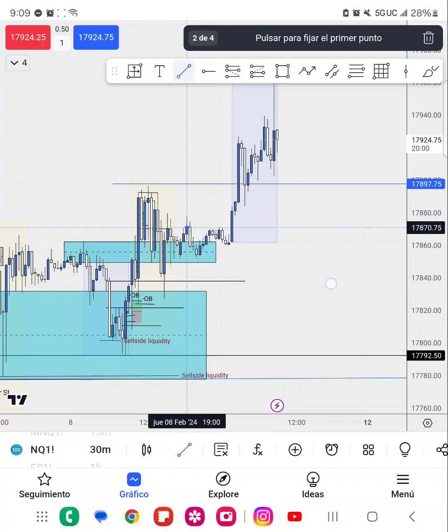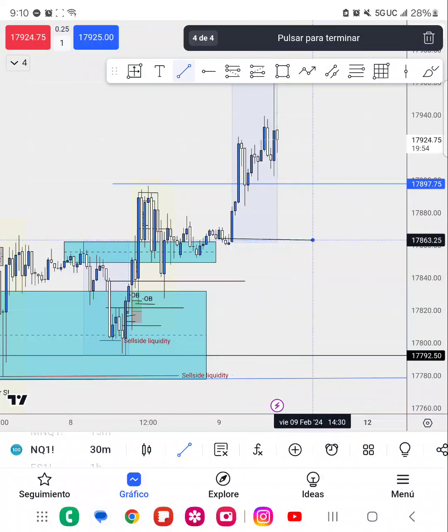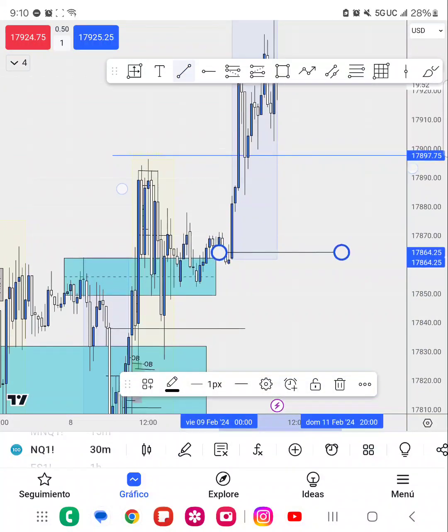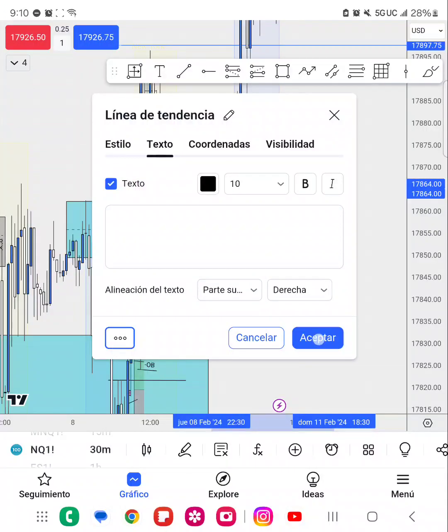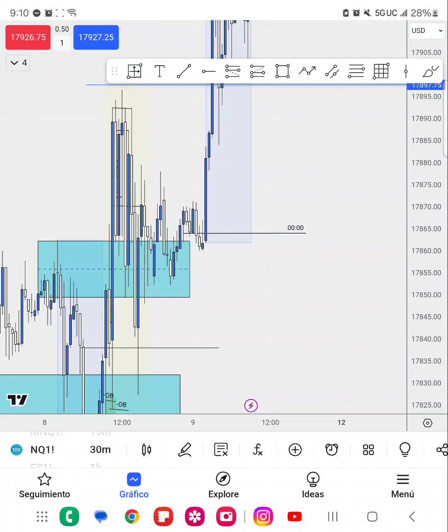Let me check for the true day open. True day open at 2 in the morning.